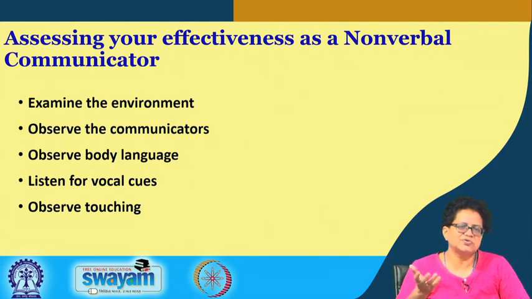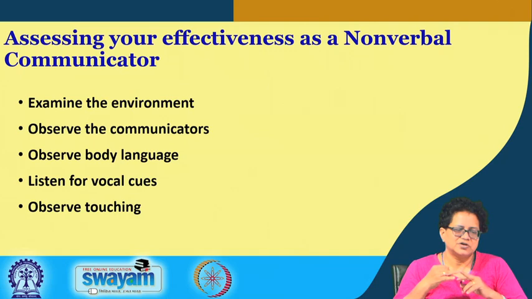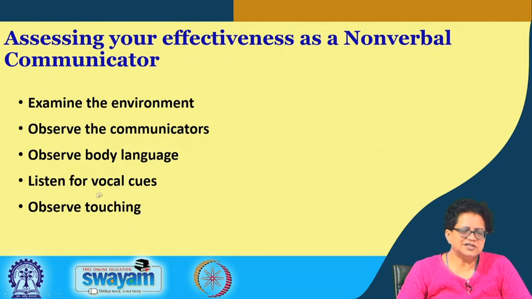If it is personal, you can be more warm and open and natural. The second is to observe the communicators, especially look at the body language, that is kinesics. That is, to revise once again, face, smile and facial expressions, posture, gesture, gaze or eye contact. Then we listen for the vocal cues, what is being said and how, that is paralanguage.